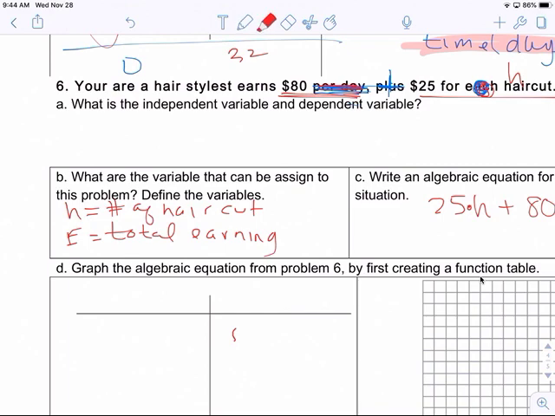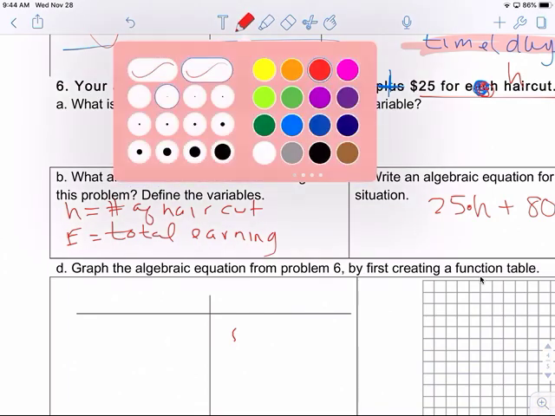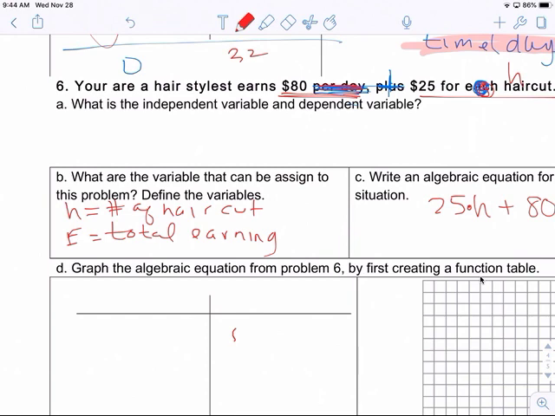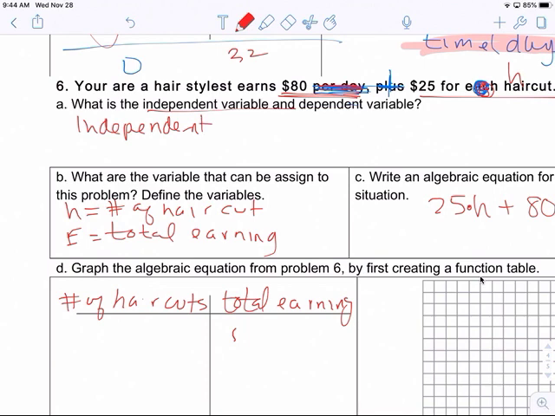All right, so your independent variable then is the number of haircuts, and the dependent is total earning. That means how much you make. So the independent is the number of haircuts, okay?